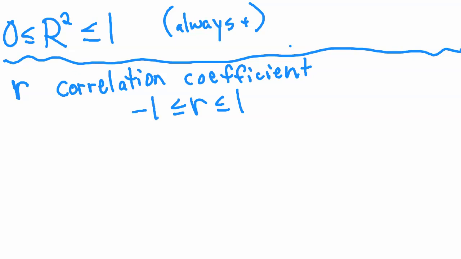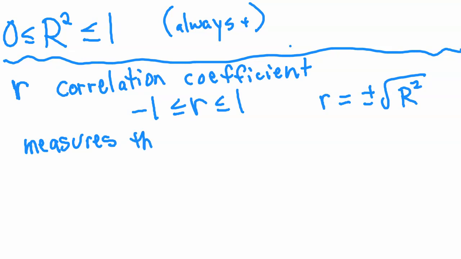Actually, little r is plus or minus the square root of r squared. So if we were to take the square root of r squared, we would get the correlation coefficient, and it measures the strength of the relationship.